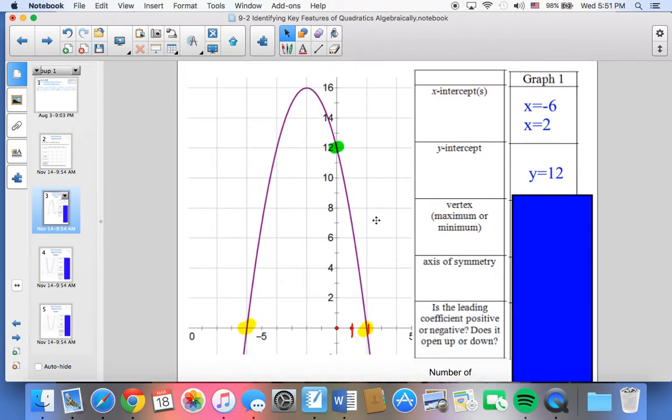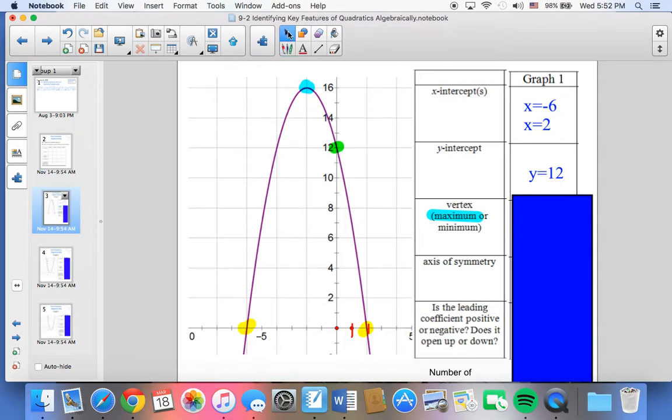Okay, the vertex is either going to be a maximum or a minimum. So let's highlight the vertex right here. And before I say it, I want you to think about, do you think this vertex is a maximum or a minimum? Okay, so this vertex is a maximum. It is the highest point on the graph.